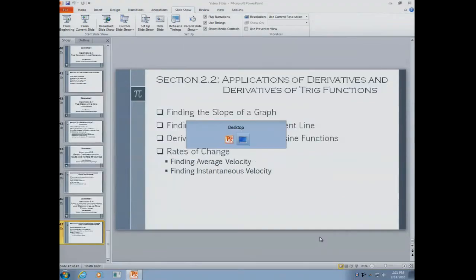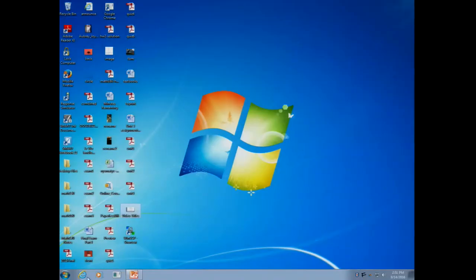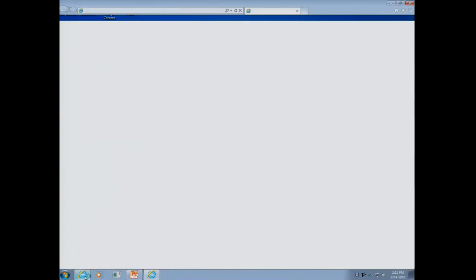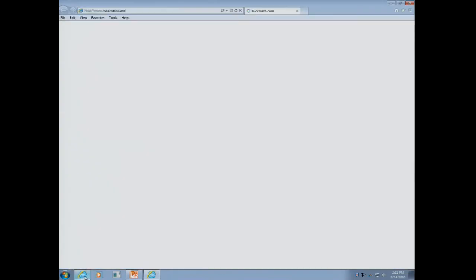Now, one thing we could do is we could graph these two functions and then visually inspect it to see if it looks like the actual tangent line. So let's do that. I'm going to go to the computer, and a great place to do a little bit of graphing is Wolfram Alpha.